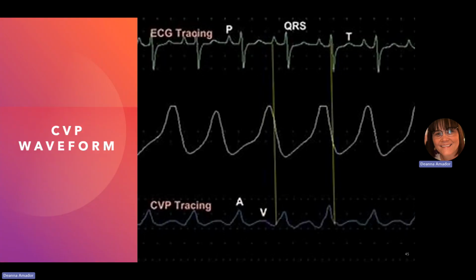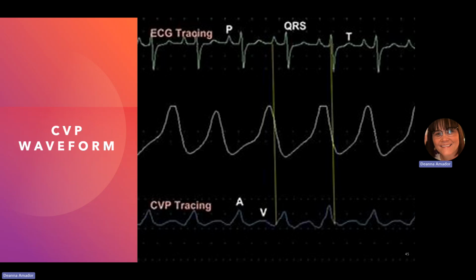So this next slide here, this is a tracing. Here you have your EKG rhythm up at the top. The next one down perhaps is your arterial line, though you can see it's not showing the dicrotic notch, but regardless, this could be your arterial line. And then right below, which is why I put this slide up here, is your CVP line.